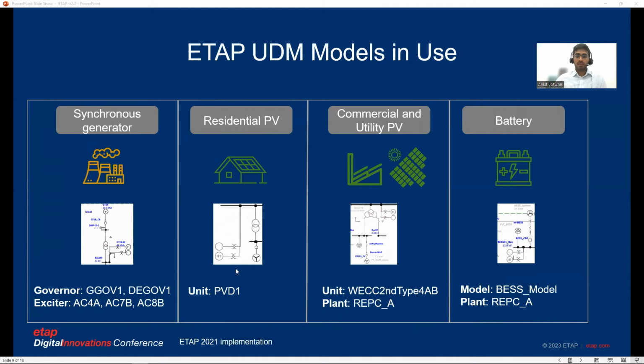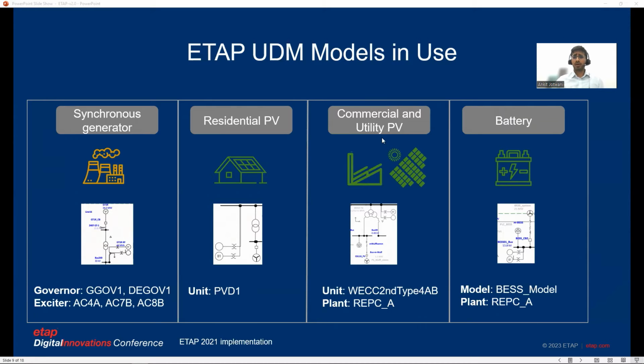For small scale residential PVs, we used the VEC model, the PV-D1 model. This is a rather simplified model, and it does not have voltage support functionality during faults, and it only has frequency regulation, the downward frequency regulation. We used it in a static generator element.